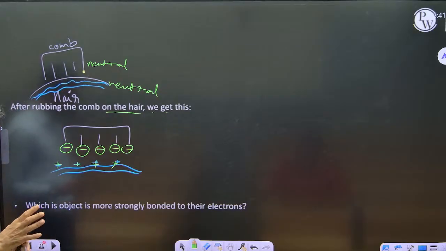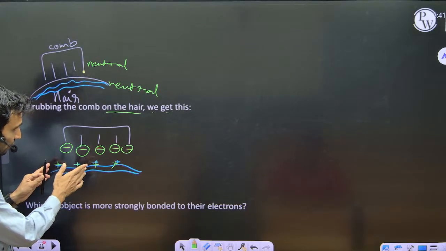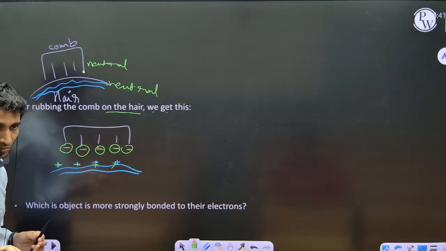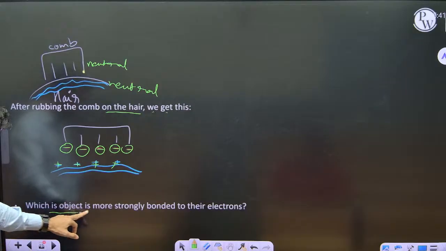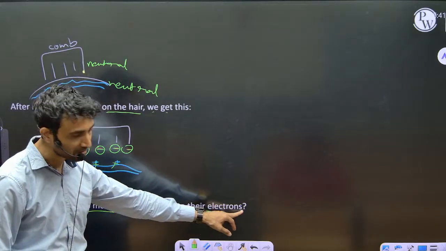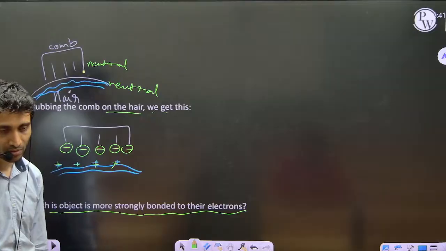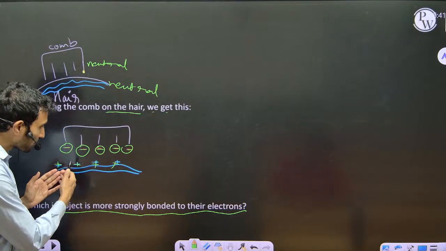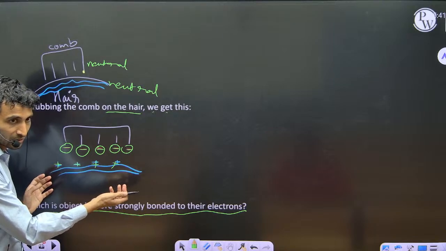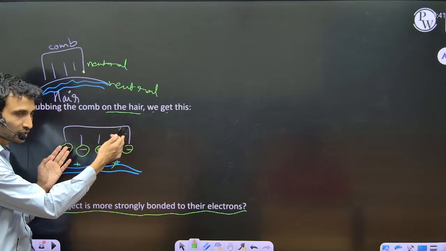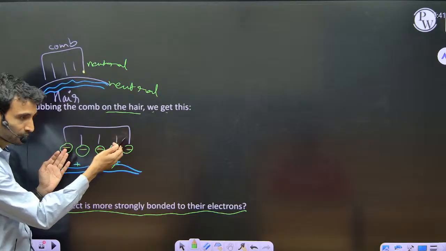That means which object got the electrons? Can you tell me? Which object received the electrons? Comb. So my question is, which object is more strongly bonded with their electrons? Comb, because my hair actually lost the electrons, and those lost electrons went into the comb.